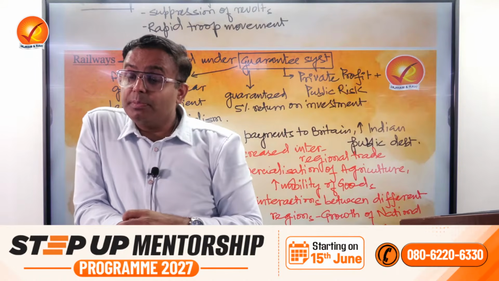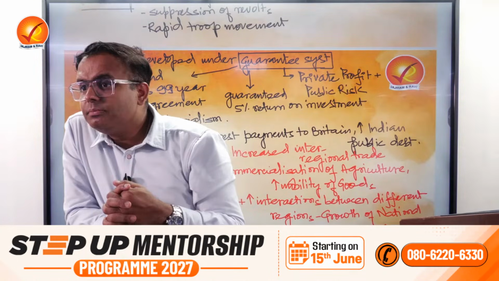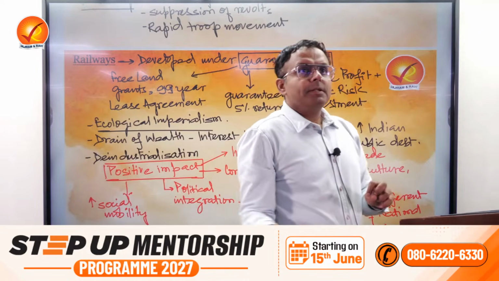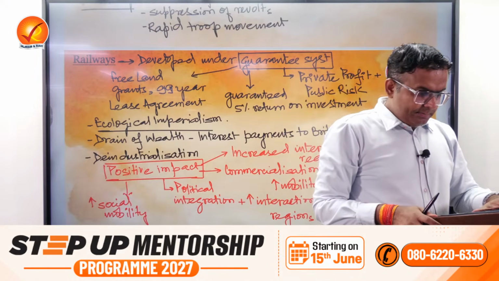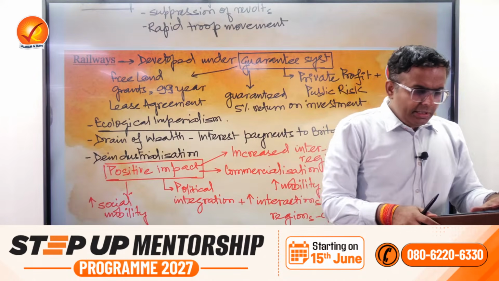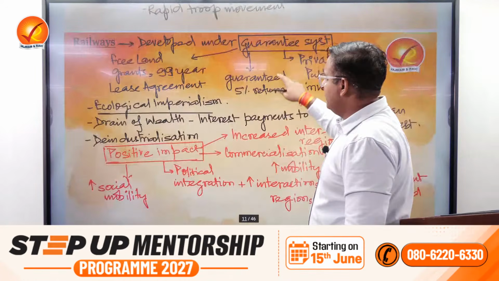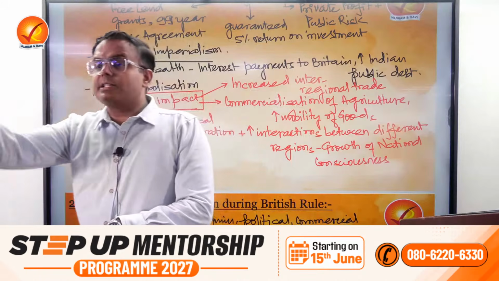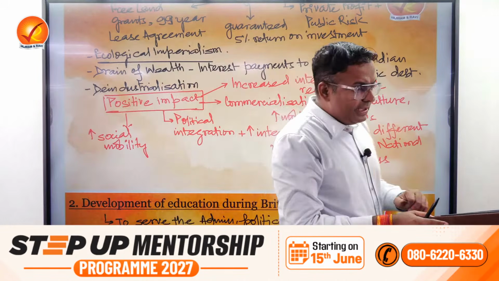Many hilly regions became more vulnerable to landslides. ये लिखा है उनकी स्टडीज. So you must write about all this. And then, as I have already written, the drain of wealth हो ही रहा था, interest payments है ना. And railways facilitated deindustrialization.